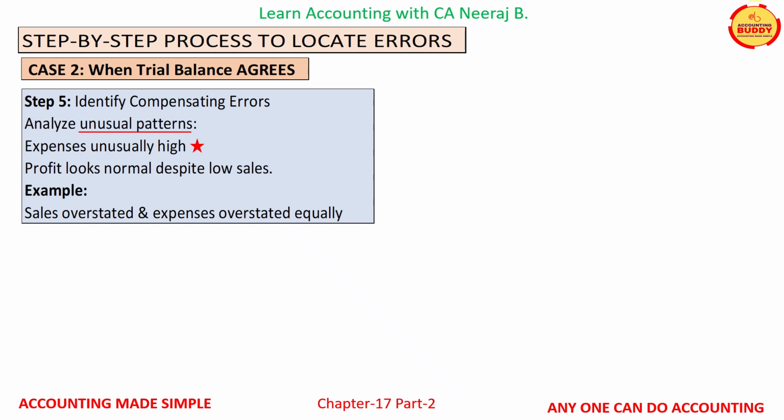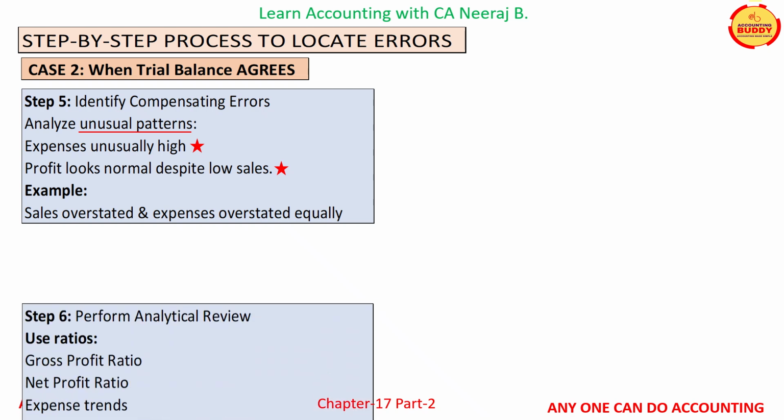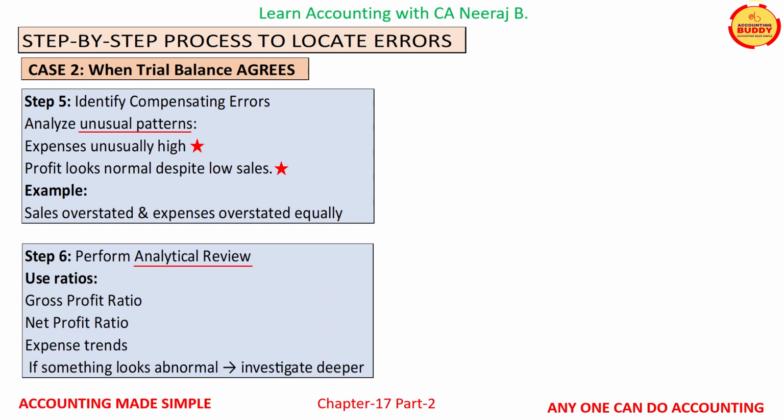Profit of the business looking normal despite lower sales could give you an indication of compensating errors. The classical example of a compensating error could be when sales and expenses are overstated or understated by the same amount.